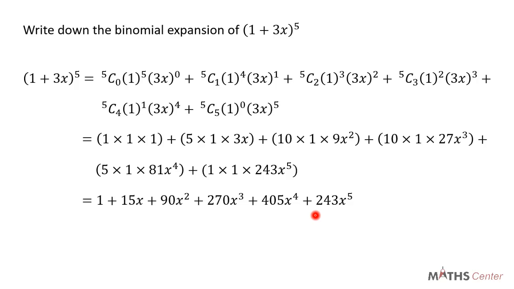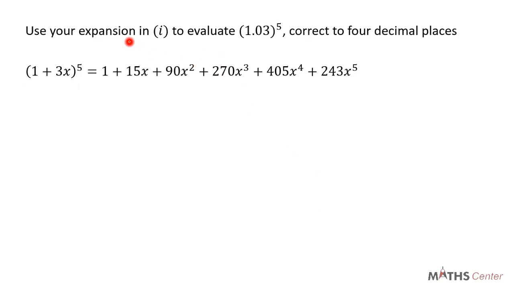The second part of the question says that we should use the expansion that we had in I, which is this, to evaluate 1.03 exponent 5 and correct our answer to 4 decimal places.